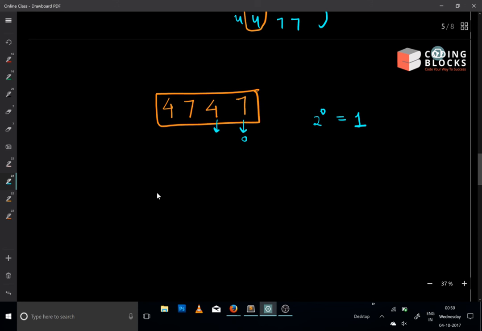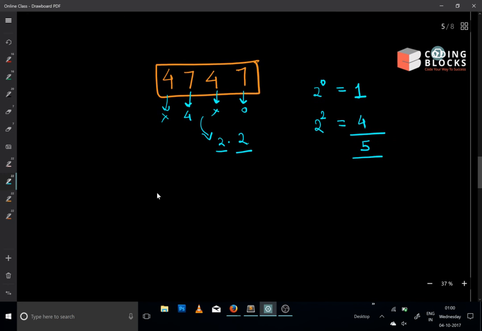This 4 cannot be made larger because we are finding lucky numbers which are less than the number. Again, this 7 can be converted to 4, and if I do so, for these two positions I will have two choices and two choices. So this 7 will contribute 2 squared to my answer, which is 4. Again this 4 will not contribute anything, so the contribution due to the 7s will be 5.